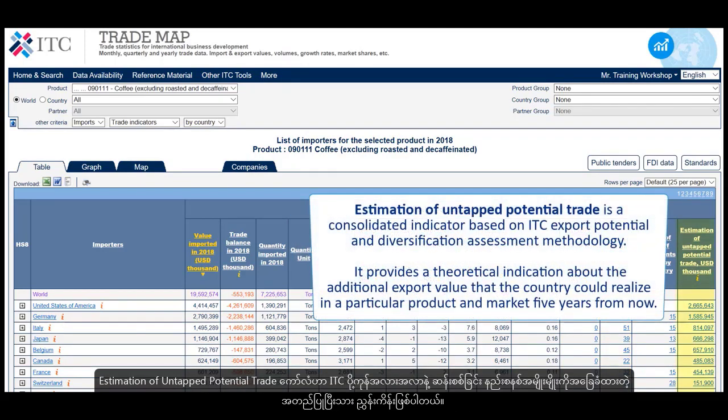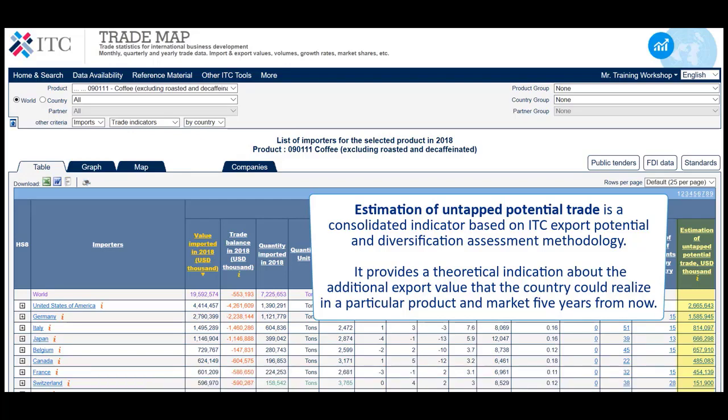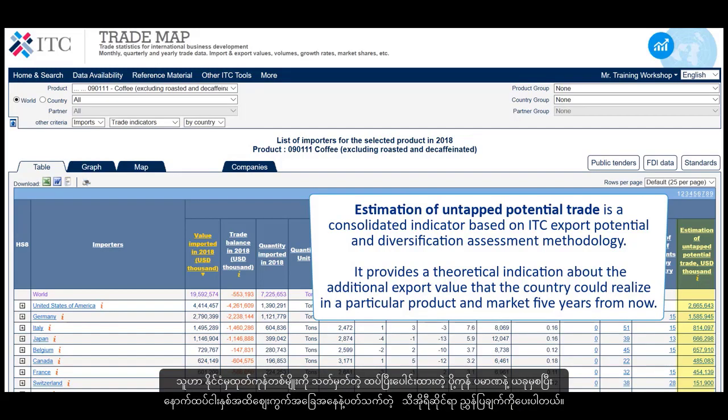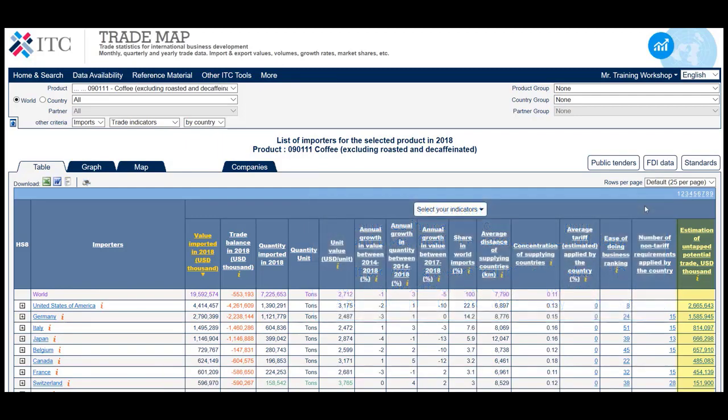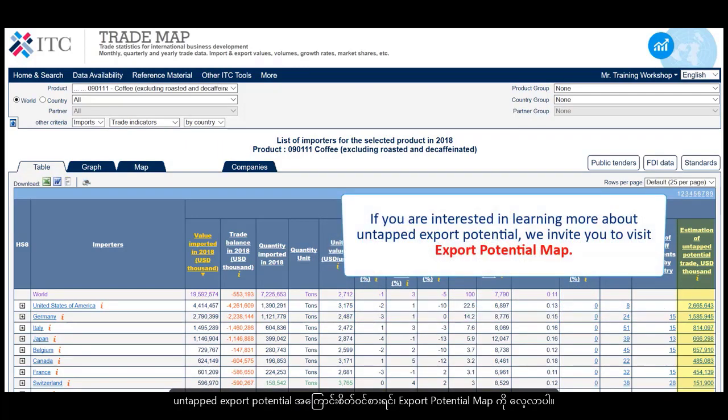Estimation of untapped potential trade is a consolidated indicator based on ITC export potential and diversification assessment methodology. It provides a theoretical indication about the additional export value that the country could realize in a particular product and market 5 years from now. If you are interested in learning more about untapped export potential, we invite you to visit Export Potential Map.